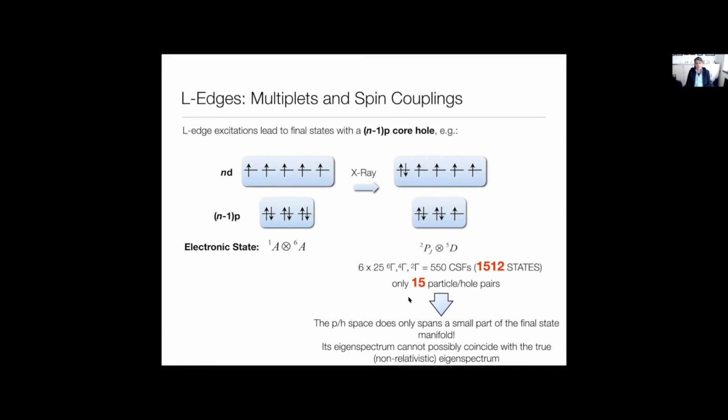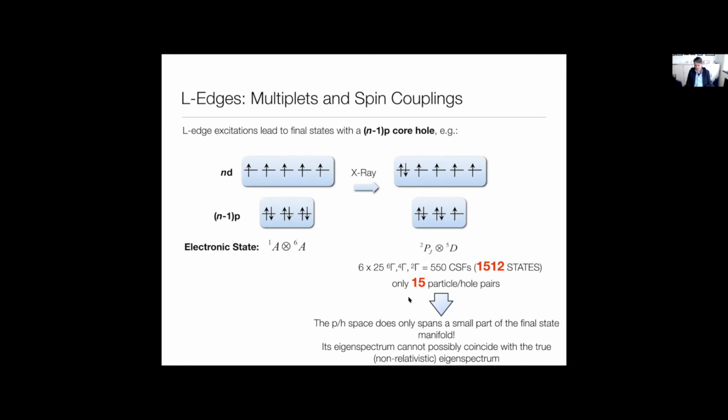It is not conceivable that with 15 particle hole pairs you can calculate a spectrum, that means 15 peaks, if you do a particle hole calculation like you do in TDDFT or other methods that live in the particle hole manifold. So you're missing the number of final states by 2 full orders of magnitude.